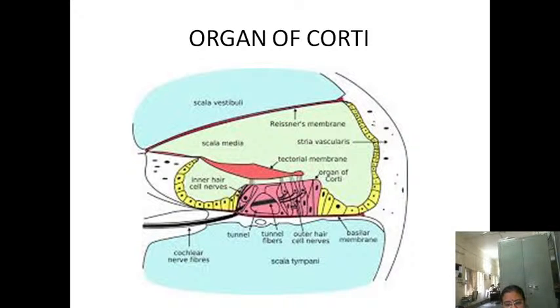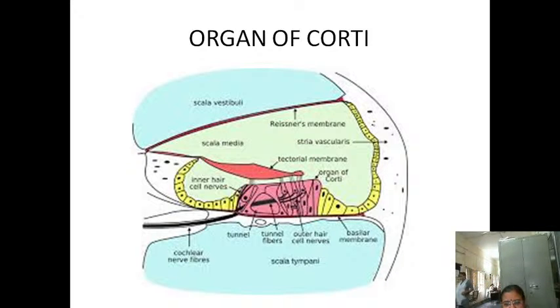Then tunnel of Corti. You can see one tunnel, and 2 rods on either side are rods of Corti, and next to the tunnel you can see inner hair cells, and tectorial membrane you can see.